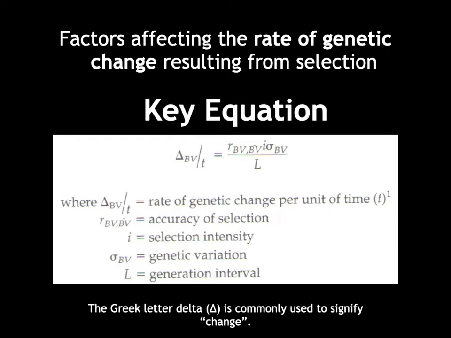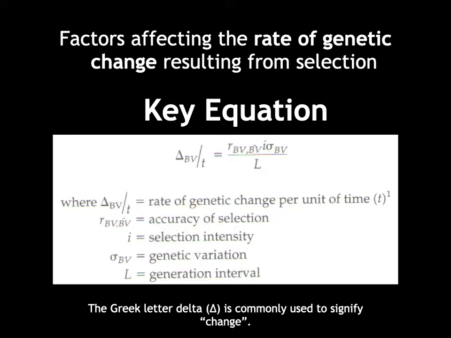In order for us to determine the rate of genetic change resulting from the selection that we did, there are a few factors that you need to know, and all those factors appear in what we call the key equation. So this is the formula for you to calculate rate of genetic change.